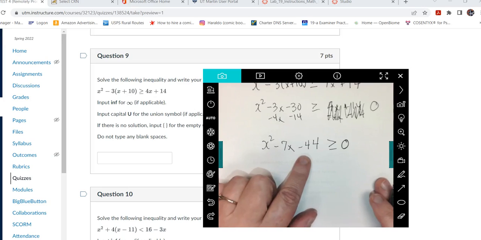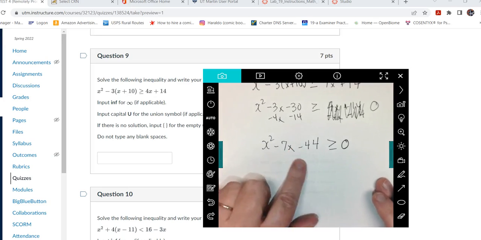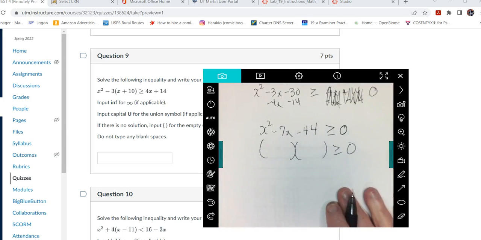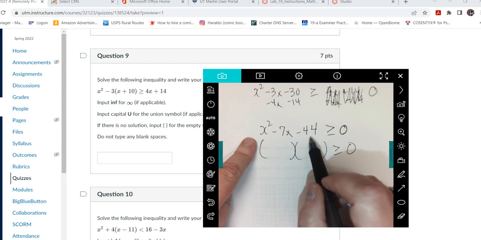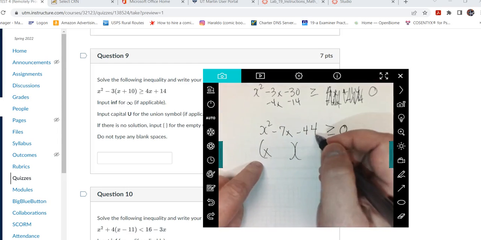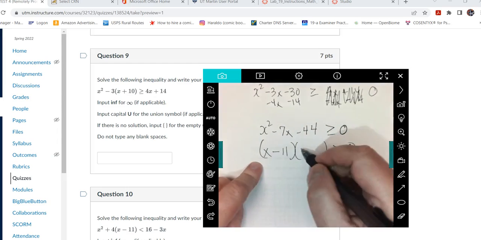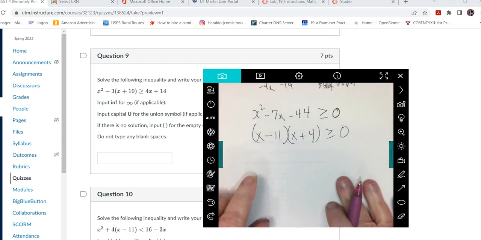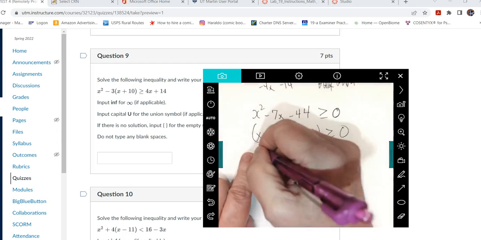Now I can factor this. 44 is 11 times 4, and so this should factor as x minus 11 and x plus 4. Okay. Now, what are the zeros of this?